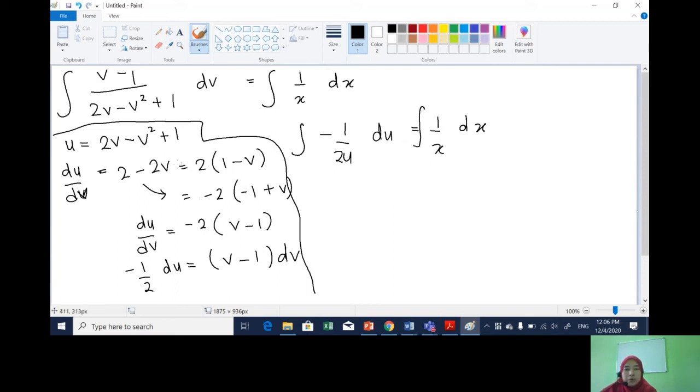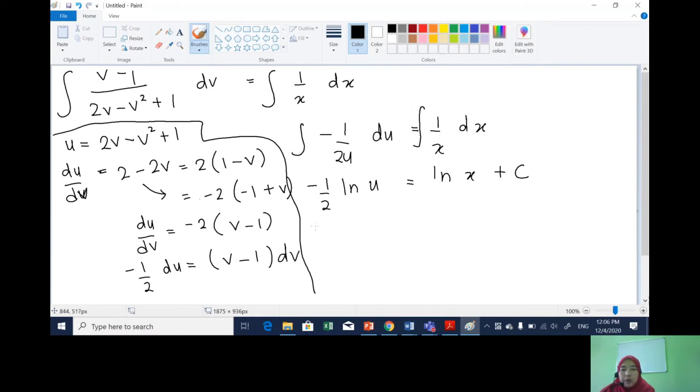After we choose substitution, the form in terms of v becomes very simple. So we proceed with integration. Integrating here gives negative half ln u, equal to, on the right hand side, ln x plus c, the constant.